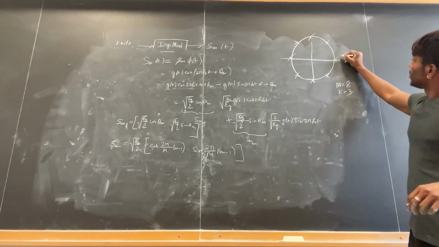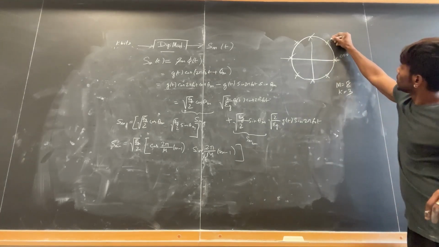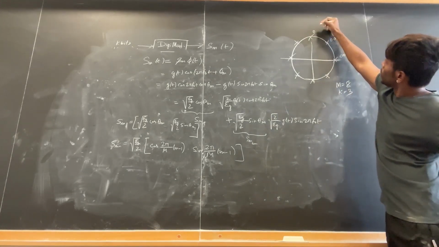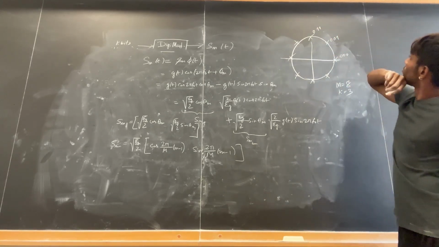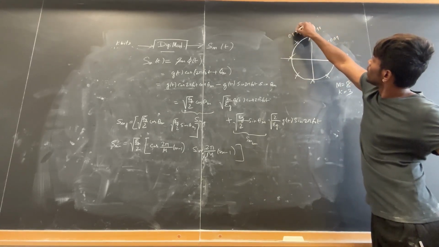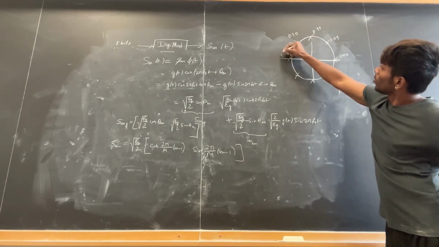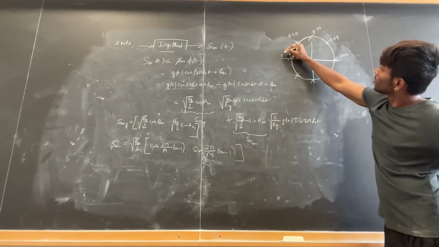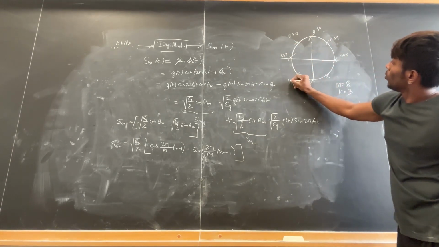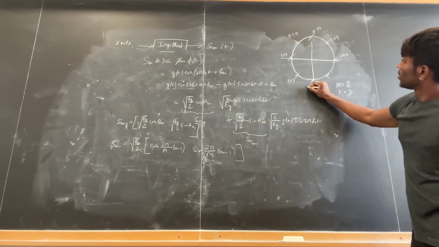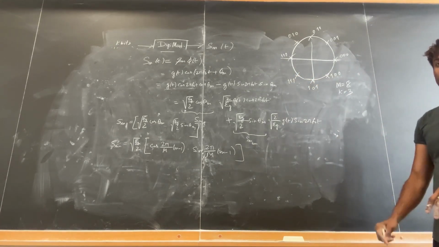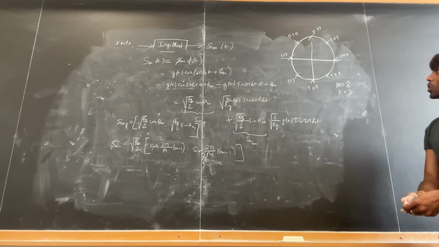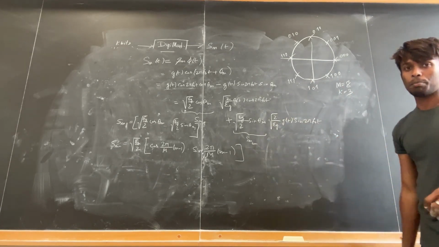So it should be something like 0, 0, 0, 0, 0, 1, 0, 1, 1, 0, 1, 0, 1, 1, 0, 1, 1, 1, 1, 0, 1, 1, 0, 0, and so on. So that's how phase shift keying happens.